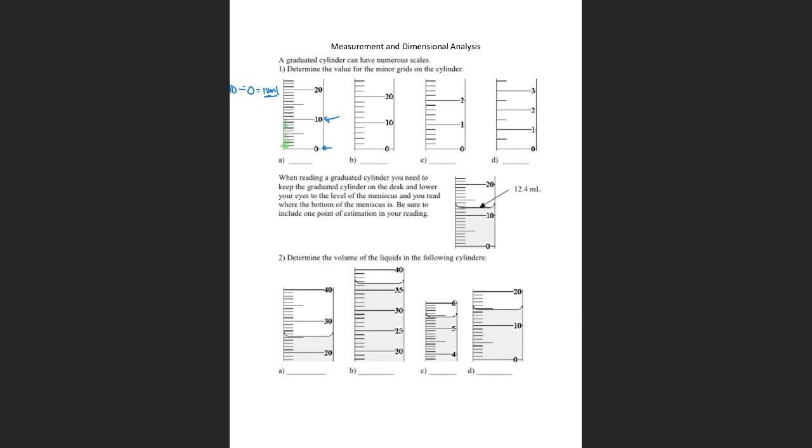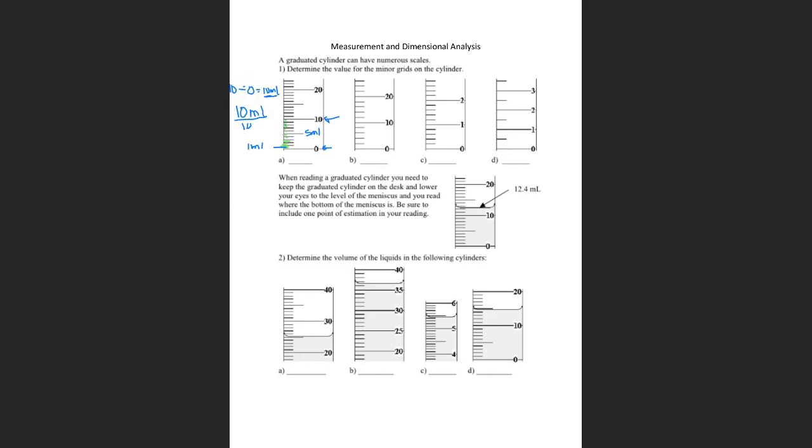That means each of these tiny spaces is worth 1 milliliter. Essentially, it's 10 milliliters divided by 10 spaces. So each little space is 1 milliliter. That means between the 0 and the 10, halfway through, this is 5 milliliters. Okay? If you're asked to report, you will report accordingly.